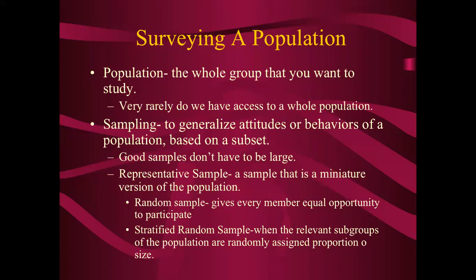So if there's X percent in the population of this community, then in our sample, that same percentage has to be reflected. And once we reach that percentage, we no longer allow more participants of that group, because we want the sample to be as similar to the population as possible.